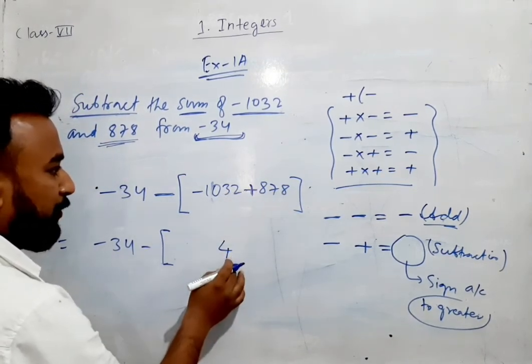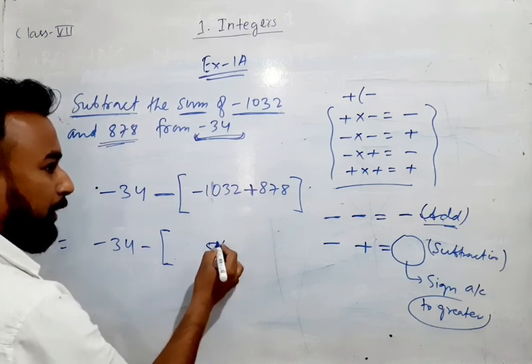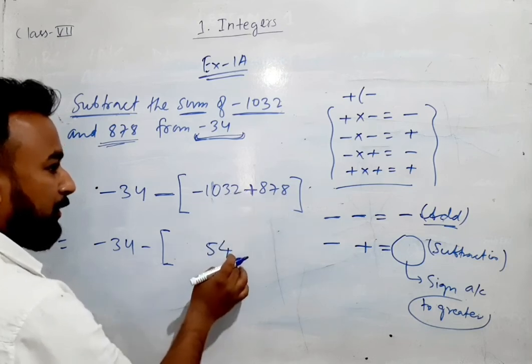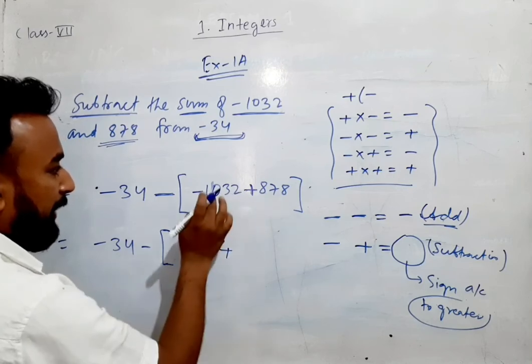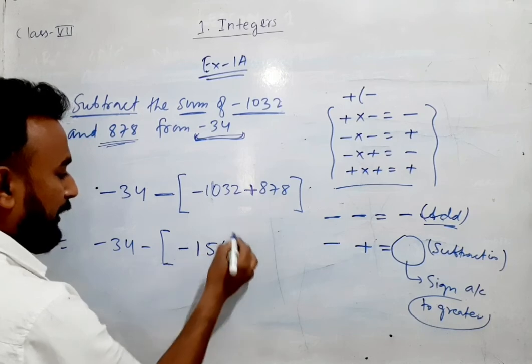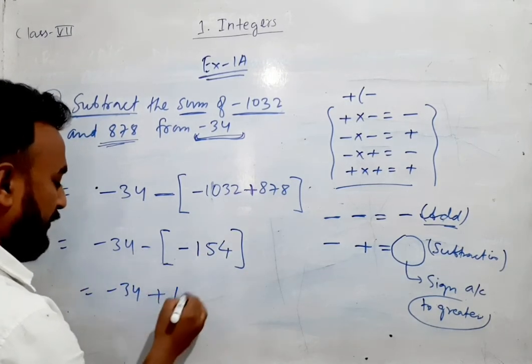Here 12 out of 7, 5. And here 9 out of 8, 1. Okay, minus 154. Minus 34 and minus into minus plus 154.